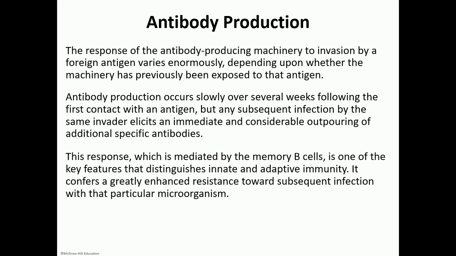So for antibody production, there are two different ways the body can make an antibody. First off, the body has to identify that there's an antigen. When it does identify the antigen and figures out which antigen this is, it can produce antibodies.